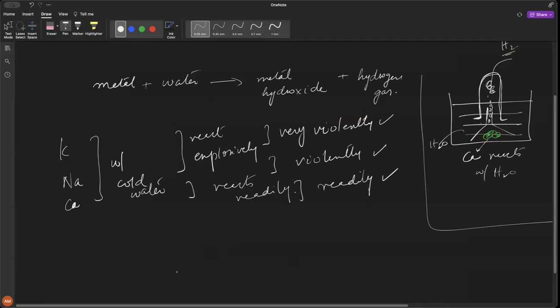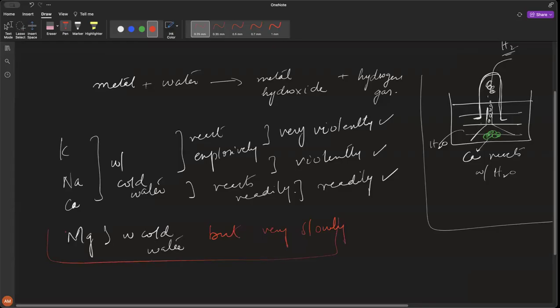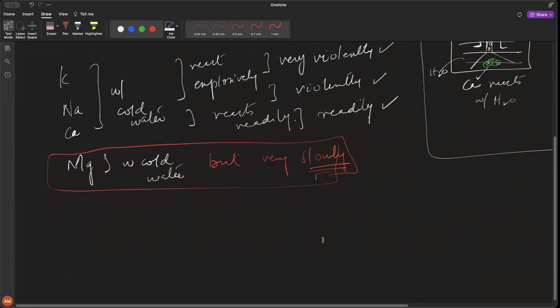Then magnesium is also able to react with water. It also reacts with cold water, but very slowly. All of these things need to be kept in mind. Magnesium can fall under reacting with cold water as well, but it reacts very slowly. For others, there is no reaction.